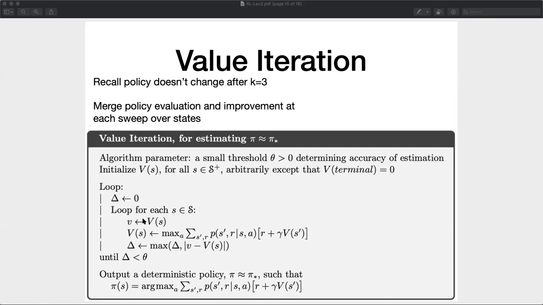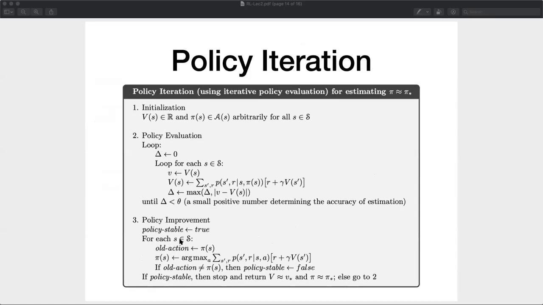For each state, we're going to save the value function for that state, and we're going to update the value function here. We're going to update it using the transition matrix that we had before, the old estimate of the value function, and we're going to choose the action that maximizes this value here, just like we did here.